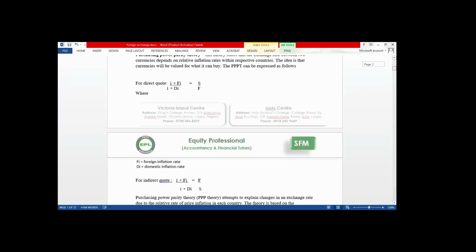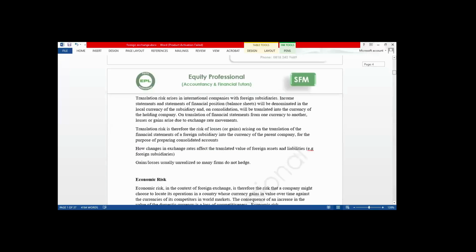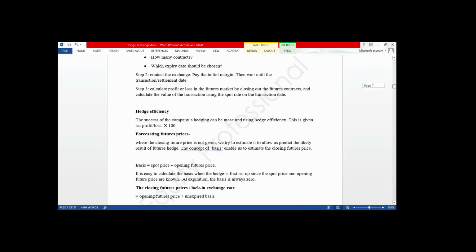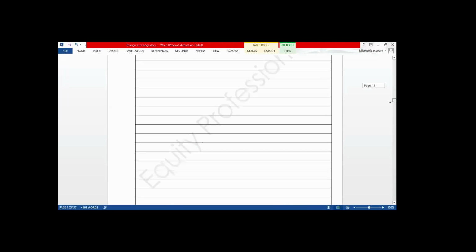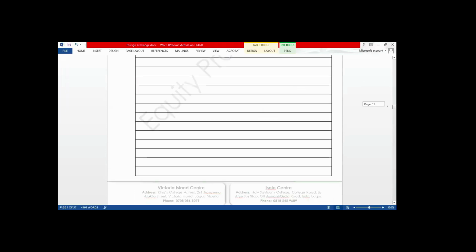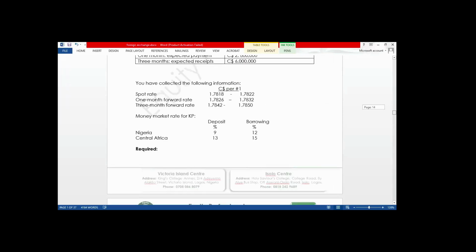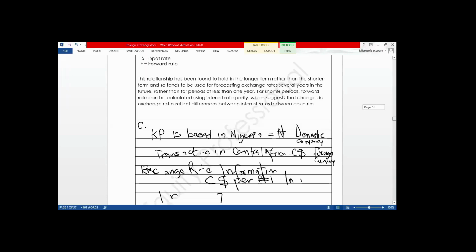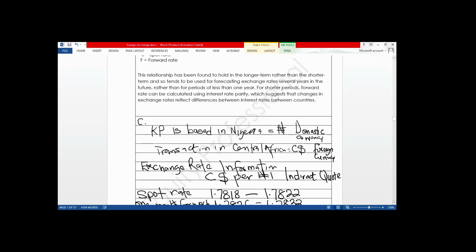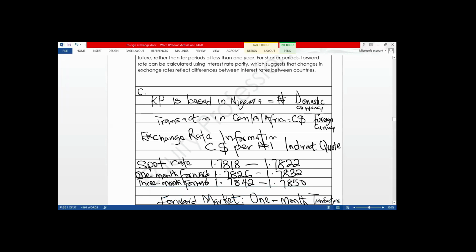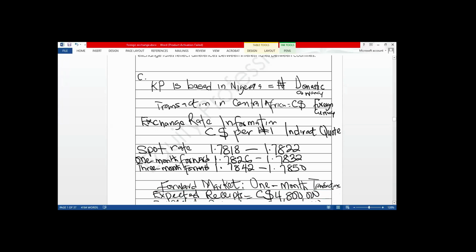The bank is the buyer now, because we are given an indirect quote in this question. That means the bank will buy 1 month forward. Look at the higher one, 1.7832. That is the applicable rate now.